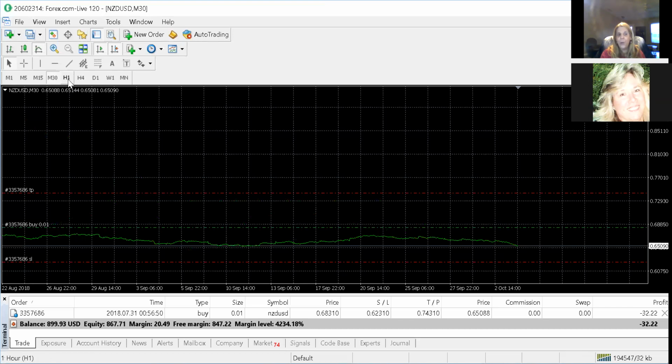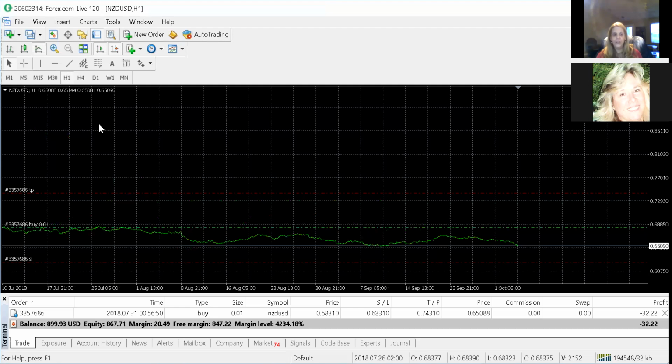Going into the hour time chart, yes, you can trade here. But once again, how much can you do? Can you see where things are? Because it only goes back to July of 2018. It's not far enough into the past to get the full clear picture of this trade.